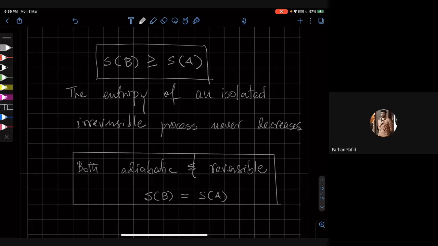So maybe it's related to the not changing of internal energy or the isolation. Okay, let me get back to that in the next class.